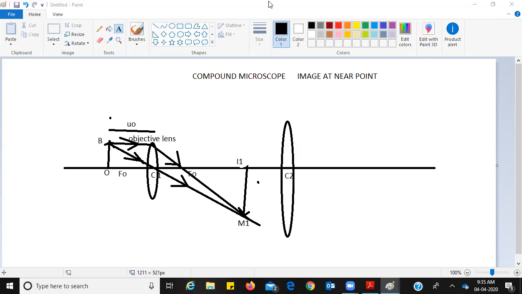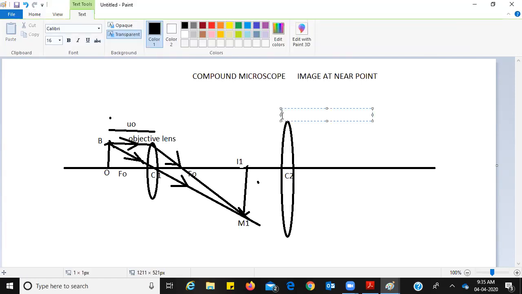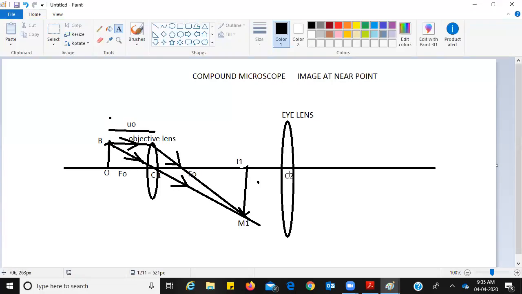See, my question is, who is forming the final image? The eyepiece lens, that's called the eye lens, right? Not the human eye, okay? This eye lens. So where do you want this lens to form the image? At the near point, 25 centimeters from the eye. So where do you keep the object for that lens then?